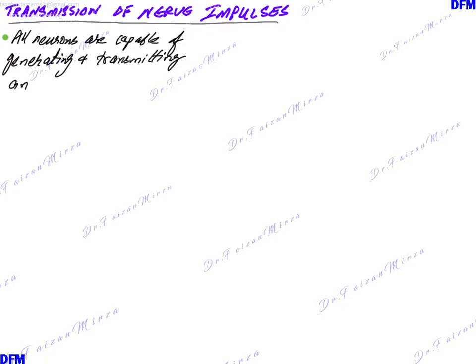Across the synapse, it's chemically transmitted to the next neuron, and the next neuron becomes capable of producing another nerve impulse. All the neurons are capable of generating and transmitting the electrical signal, which is called the impulse.